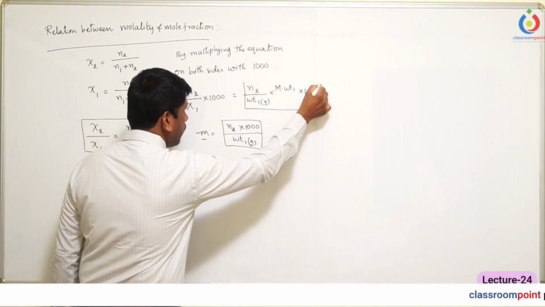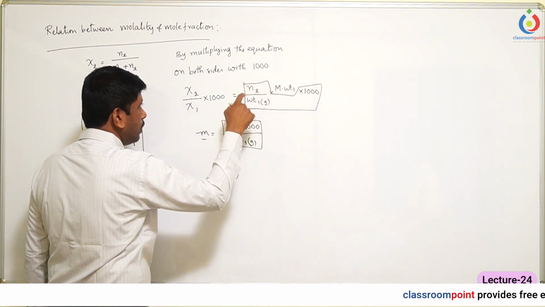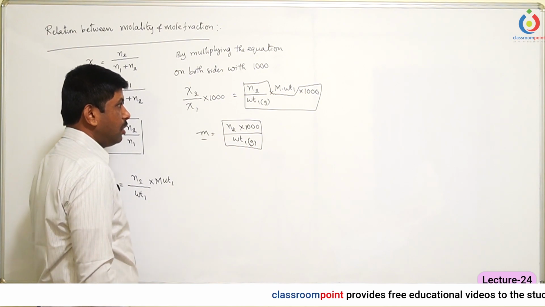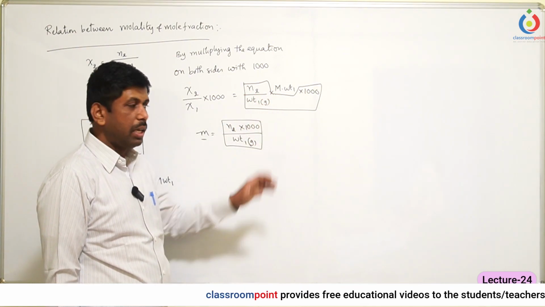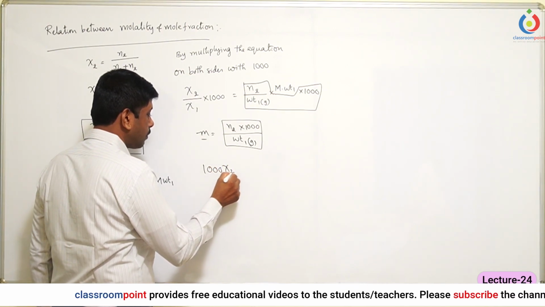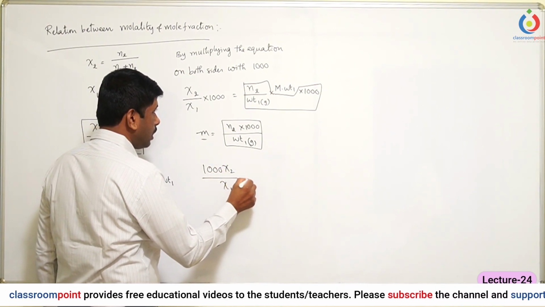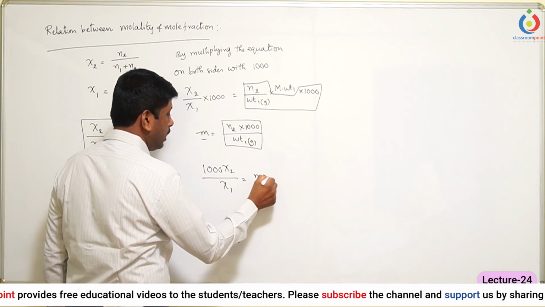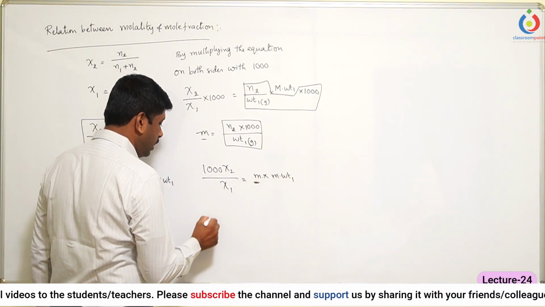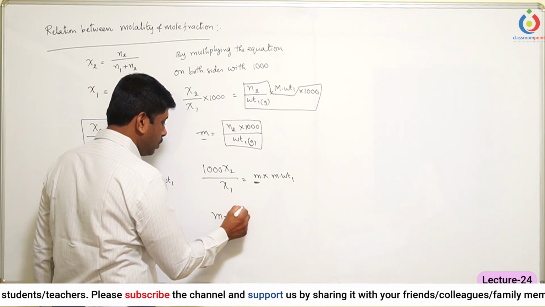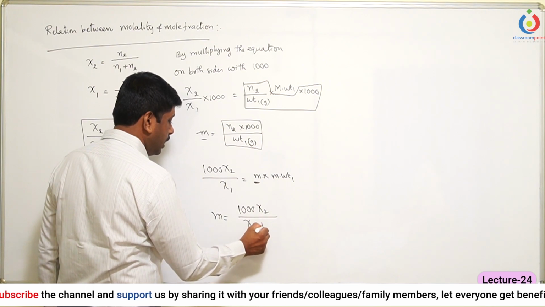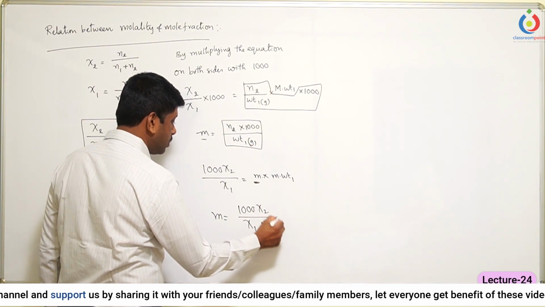So we can write that 1000 x2 divided by x1 equals molality into the molecular weight of the solvent. We want the molality here, so molality equals 1000 x2 by x1 into the molecular weight of the solvent.